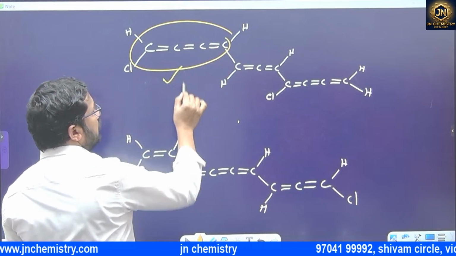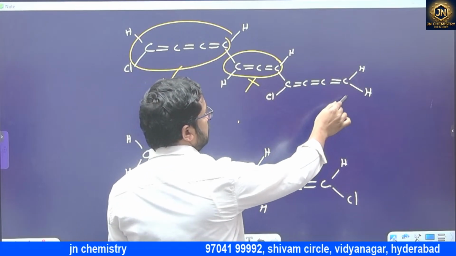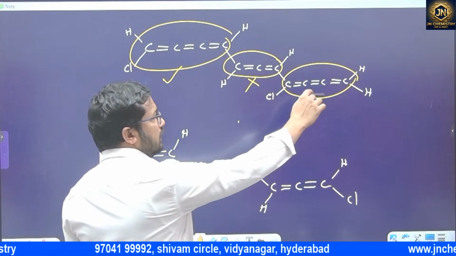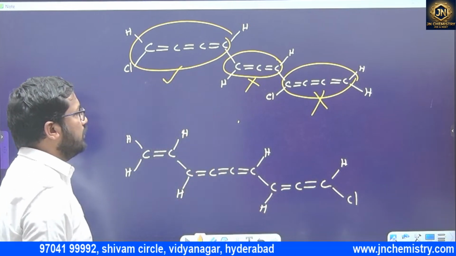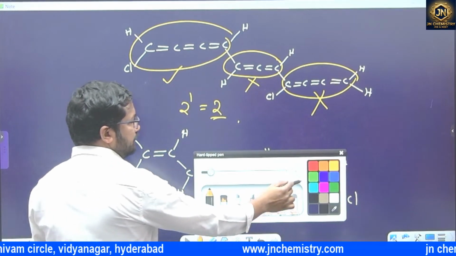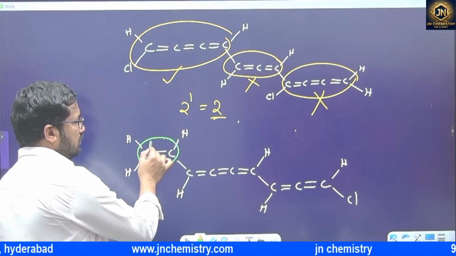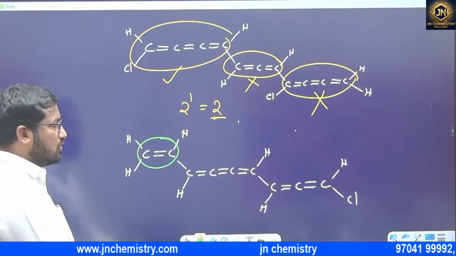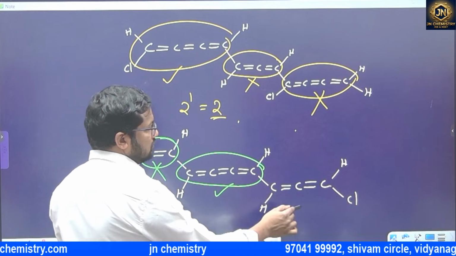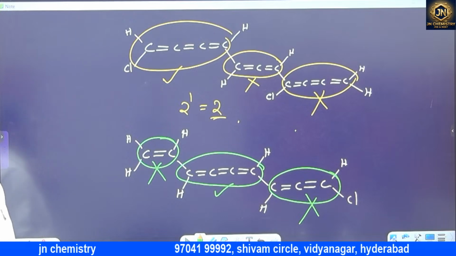This one will show. This one? No. Why? Both ends are the same. So 2 power 1, which is 2. Now this one? No. This one? Yes. This one? No. Even number.